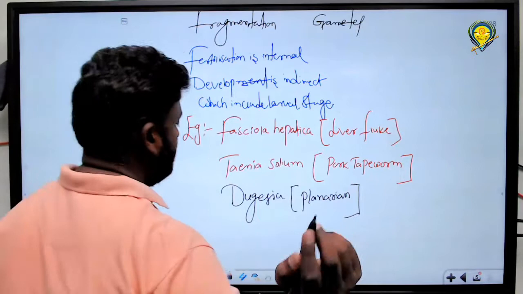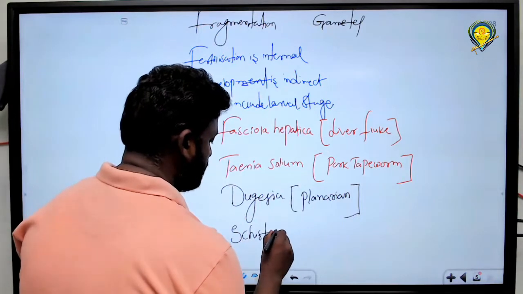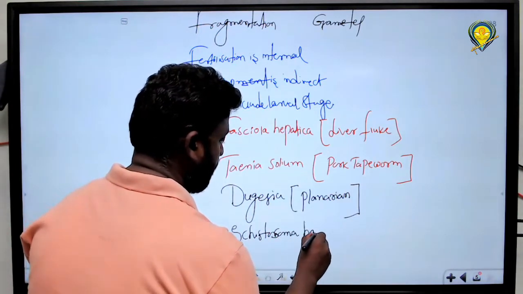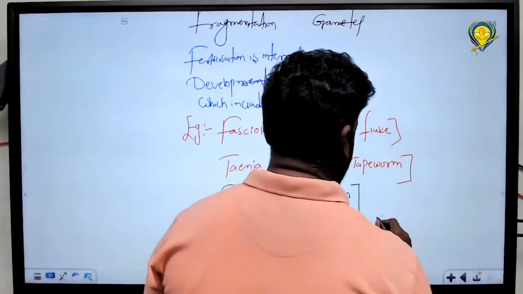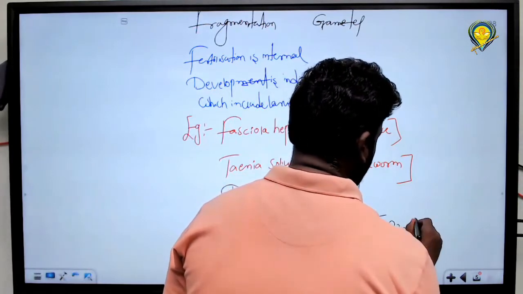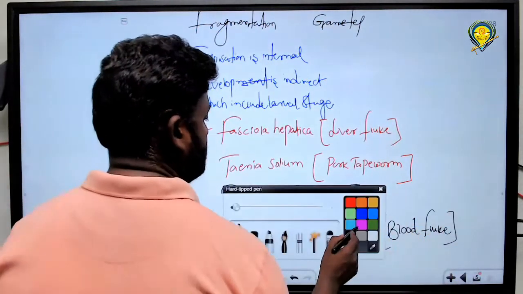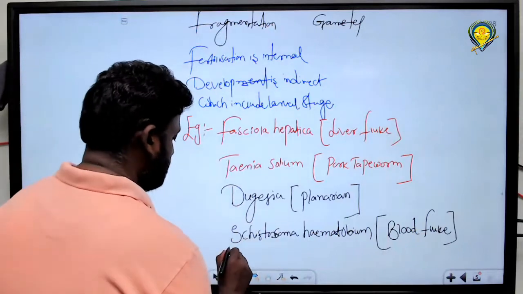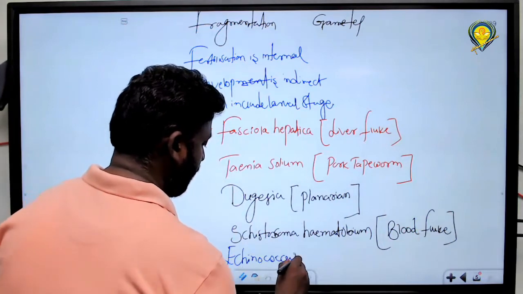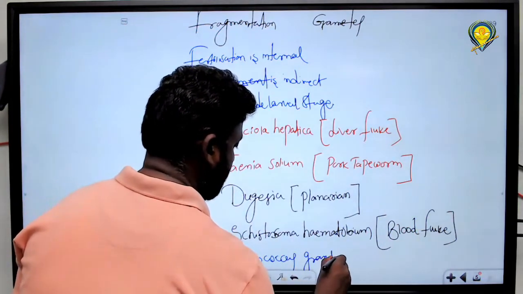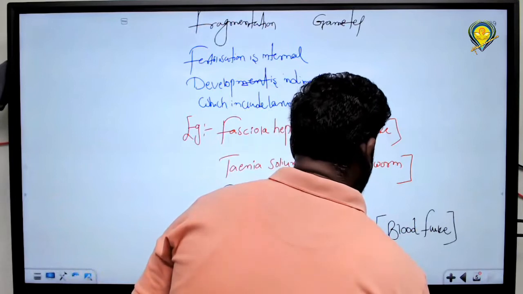Planarians, right? And next one, Schistosoma haematobium means what? Right? But last one, Echinococcus granulosus. Echinococcus granulosus, right? It's a dog tapeworm.